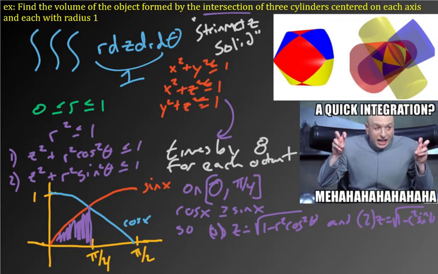So if I use 1 and 2, notice that 1 is less than or equal to 2 on that region only, because cosine's bigger than sine there. I'm talking right in here. Just look at that spot. If I take away a bigger thing, 1 minus a bigger thing is smaller than 1 minus the other one right there. So I can do another symmetry argument here, and that's what's nice.